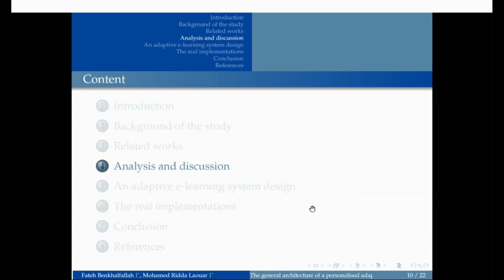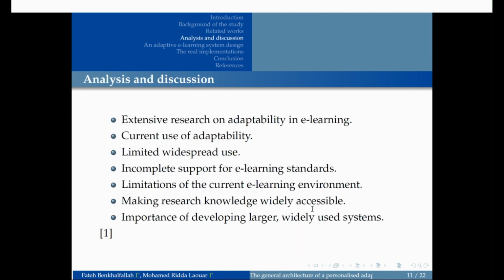Analysis and discussion. Adaptability in e-learning is already used in many research projects and systems. However, outside the research community, these systems are not widely used, as most of them do not support e-learning standards.